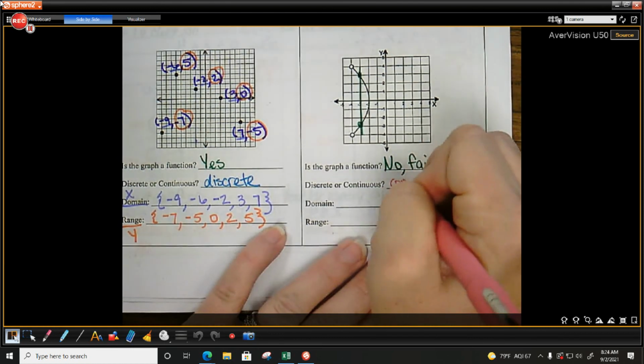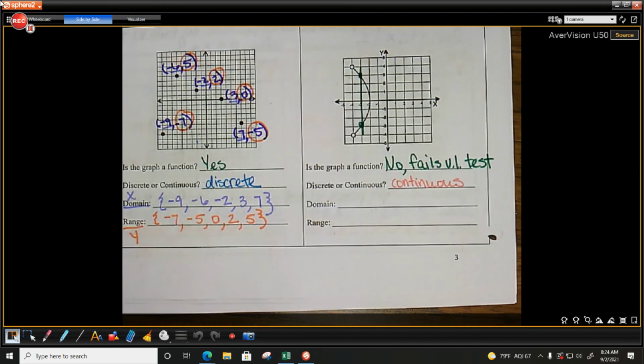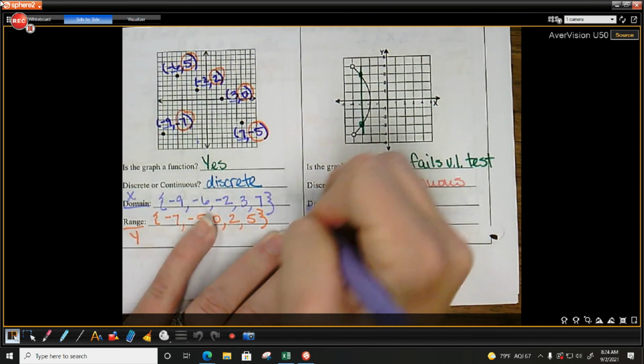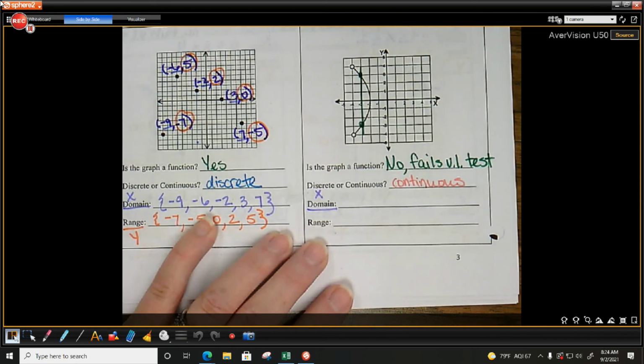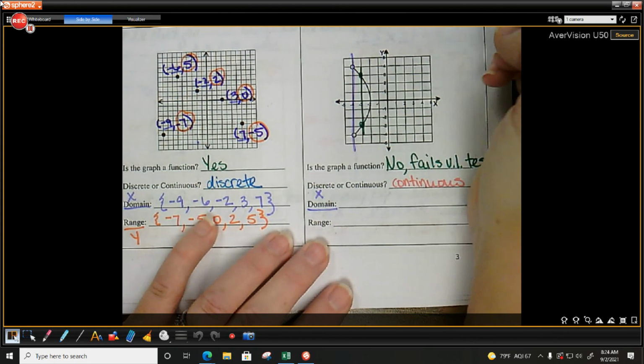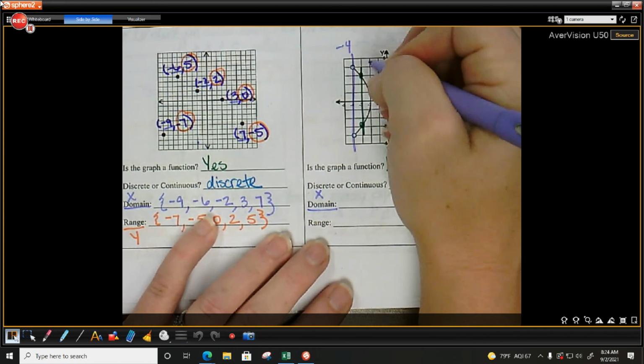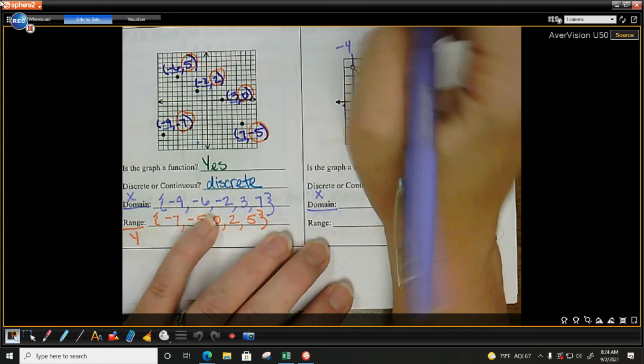Domain is x. How do we do our domain and range for continuous graphs? Inequalities. So draw a line at the far left. What's the far left number at? -4. Draw a line at the far right. What's that at? -2. So -4 is less than x is less than -2.